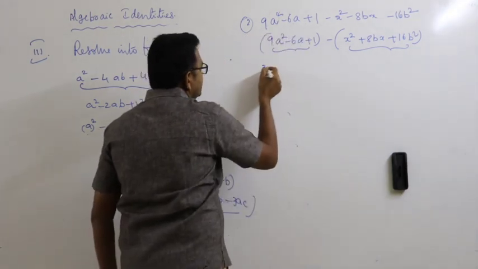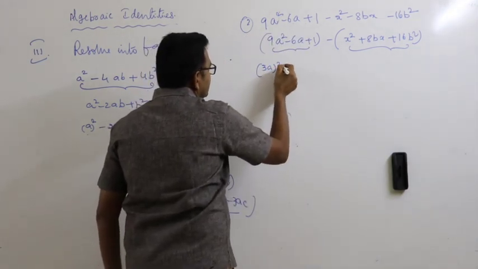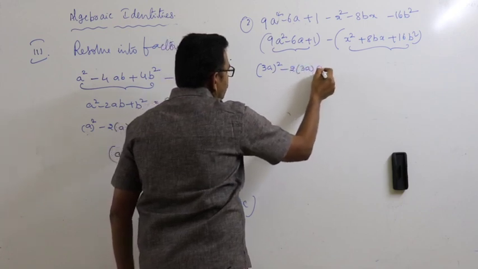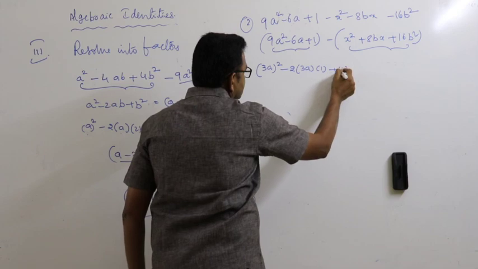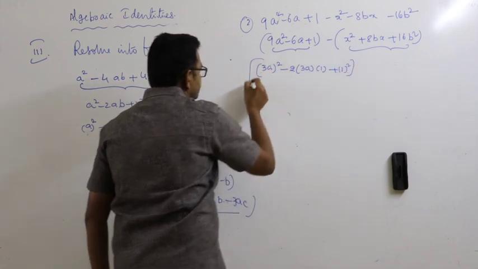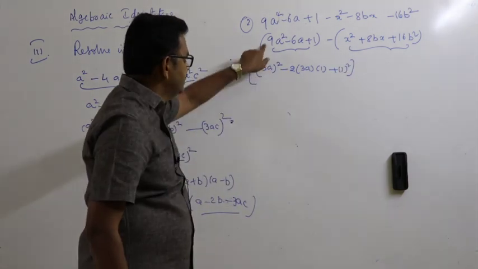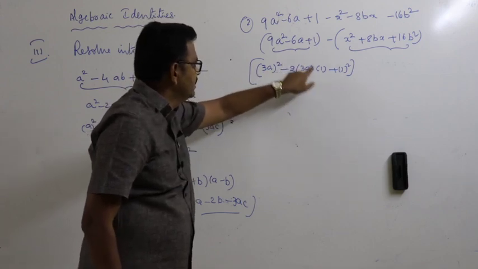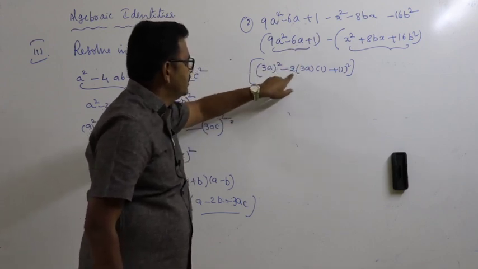So this is 3a whole square minus 2 into 3a into 1 plus 1 square. So this is a square minus 2ab, b is 1. The value is 6a, if you are multiplying.